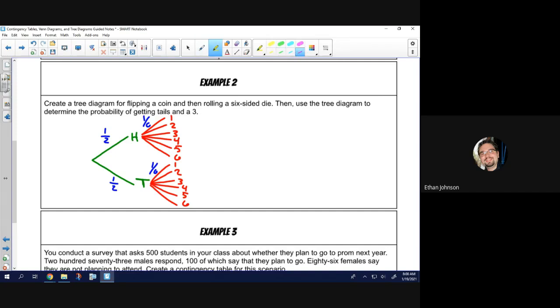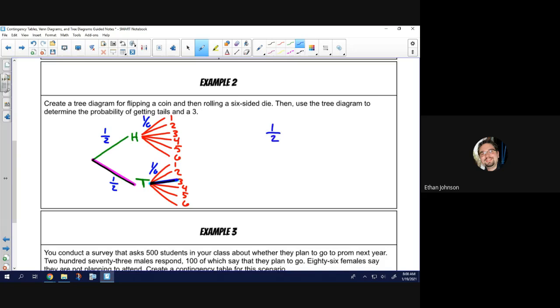Now, according to the problem, we want to use a tree diagram to determine the probability of getting a tails and a 3. So starting from our left, I'm going to go from my start down to tails. Since I'm at tails, then I need to go to a 3. So those probabilities, I went along a 1/2 path.